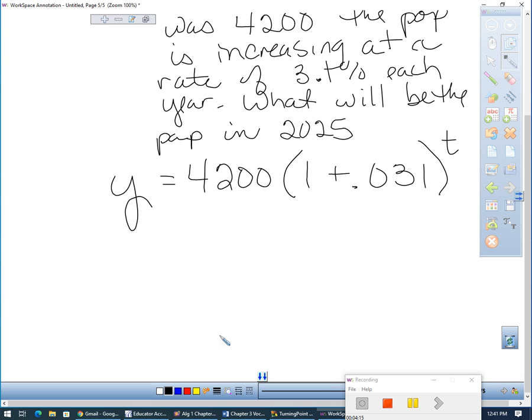Now, we want to know what it is in 2025, so what are we going to plug in for t? 25. So we have 4,200 times 1.031, just added those together, to the 25. 9,000 what? Of course, if you got a part of a person, you got the whole person. Well, then they're not counted in the population, right?